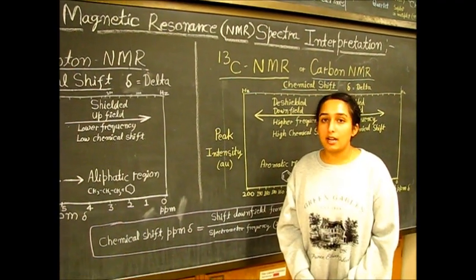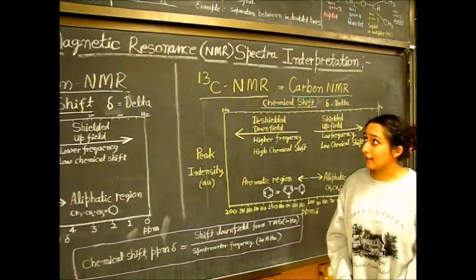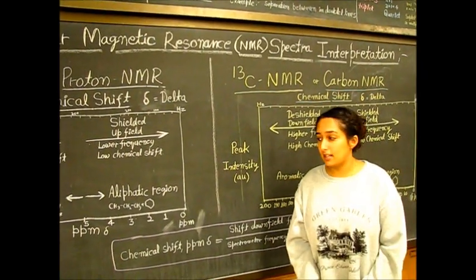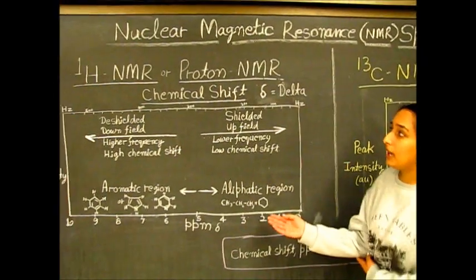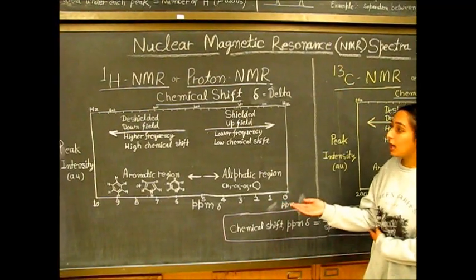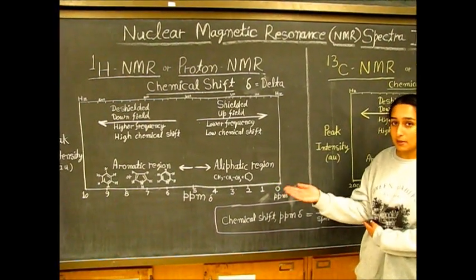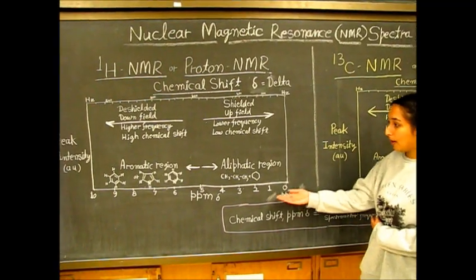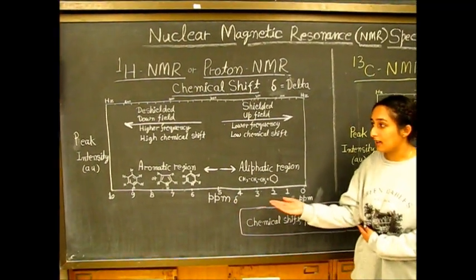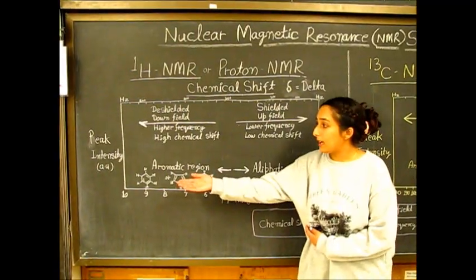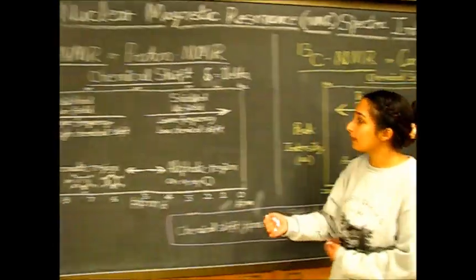We will be going over nuclear magnetic resonance (NMR) spectra interpretation. First, we have the 1H NMR, or proton NMR, which analyzes the chemical shift using the delta ppm scale, which ranges from 0 to 10 on the x-axis, and on the y-axis we can measure peak intensity.